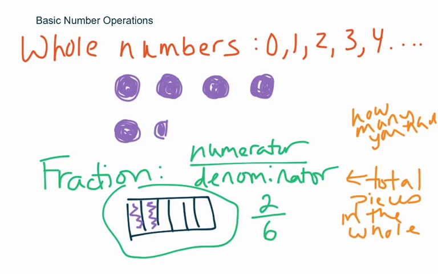It's divided into 6 equal pieces, and it is assumed that however many pieces you divide the whole into, they are equal. That's how many pieces it was divided into, and then the numerator tells you how many of those pieces you have.